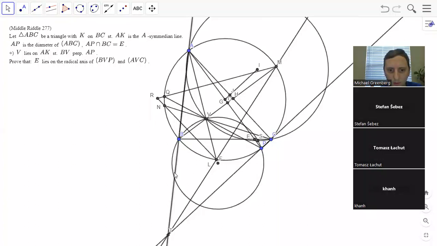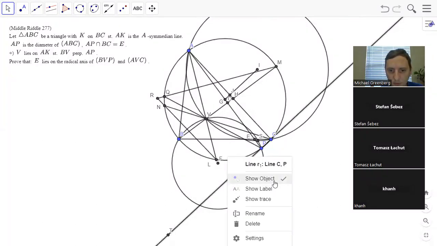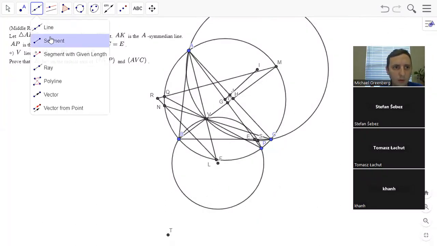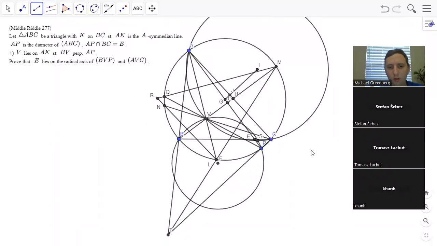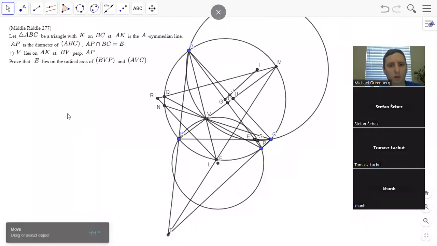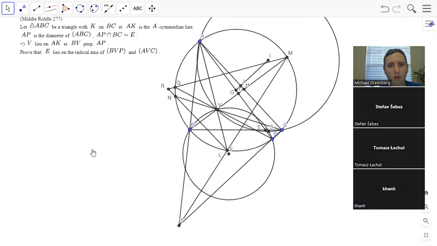TB over TA is actually LB over LA times MB over MA. This is a pretty familiar way to calculate the ratio. Is this Menelaus' theorem? No, I don't know what it's called, but it's a pretty familiar lemma.